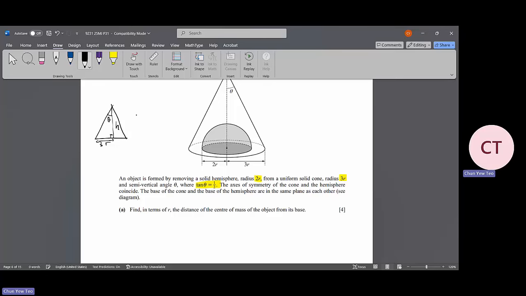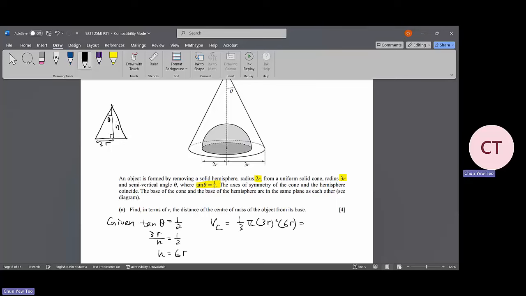So what you need to do is tangent theta is equal to half. And from the diagram over here, the tangent theta is actually 3r over h. That means your h is actually equal to 6r. Okay. So the volume for the cone is equal to 1 over 3 pi 3r squared h.